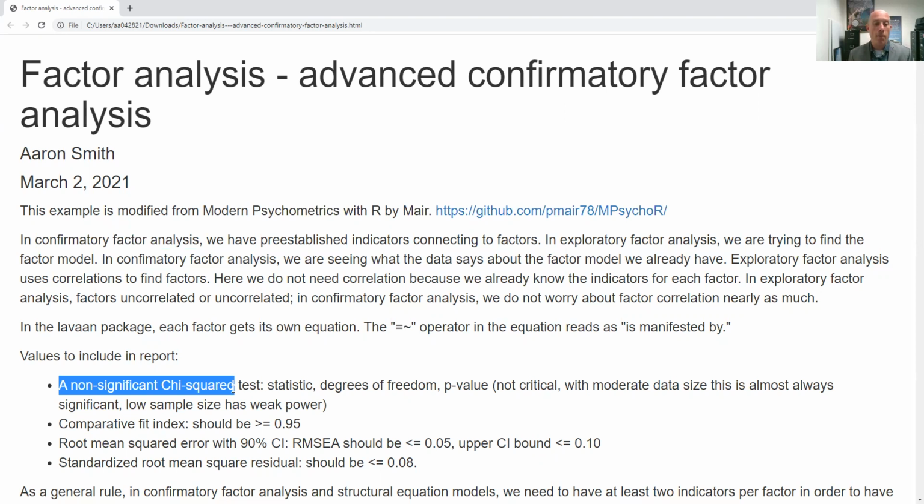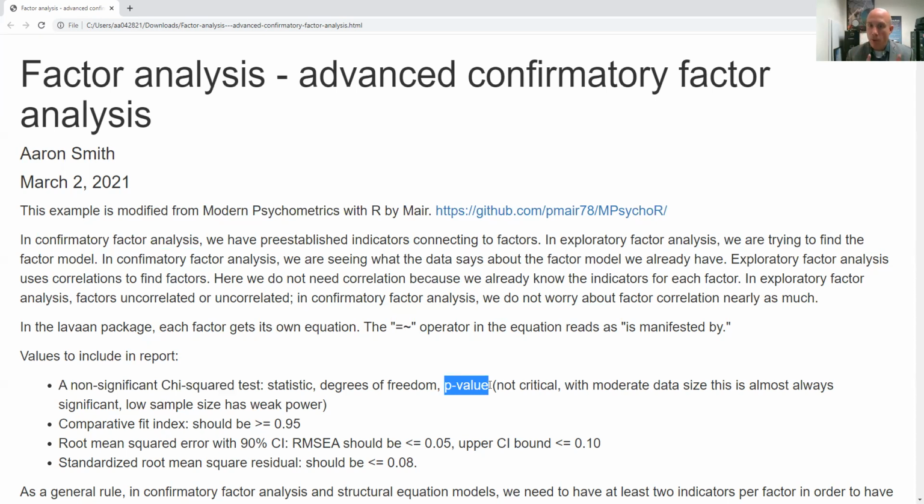If the p-value is greater than a certain threshold, then we conclude that there is not a lack of fit. So for the chi-square test, we're going to give the statistic, the degrees of freedom, and then the p-value. That's everything you need for a chi-square hypothesis test using the chi-square distribution.